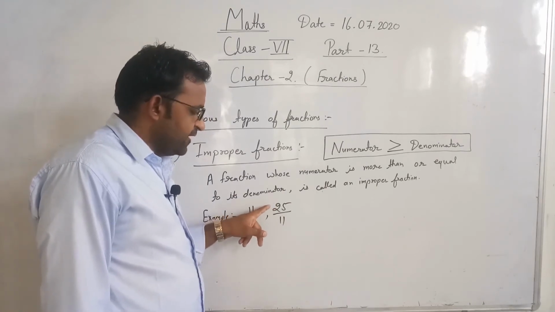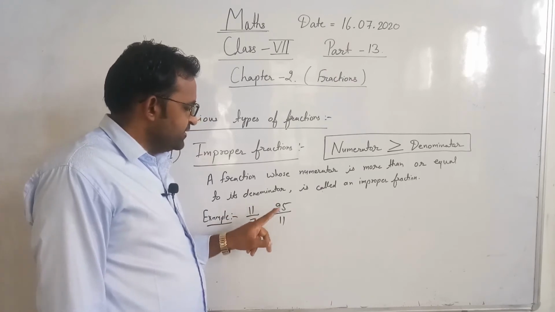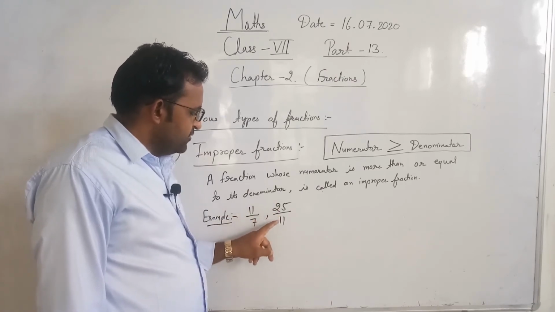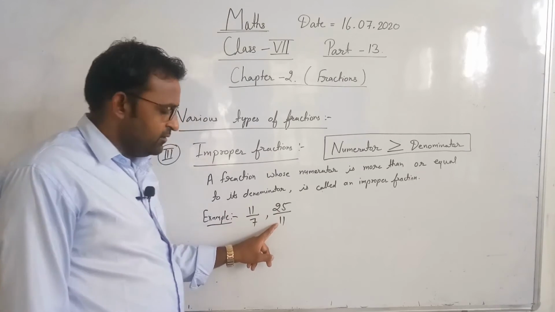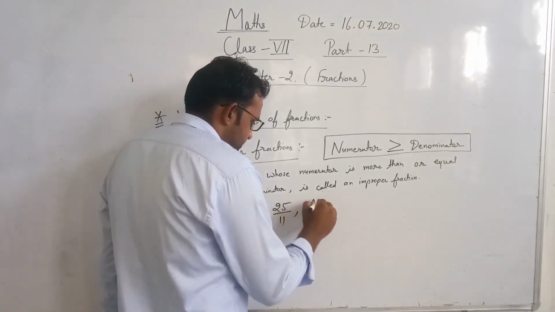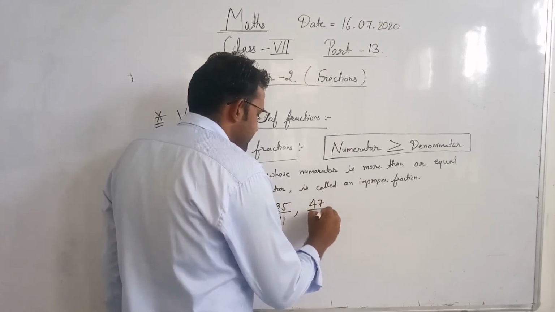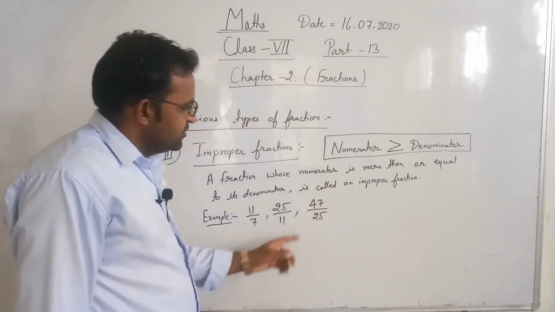The numerator is 25 and the denominator is 11. So the numerator is more than its denominator. Next example, 47/25.